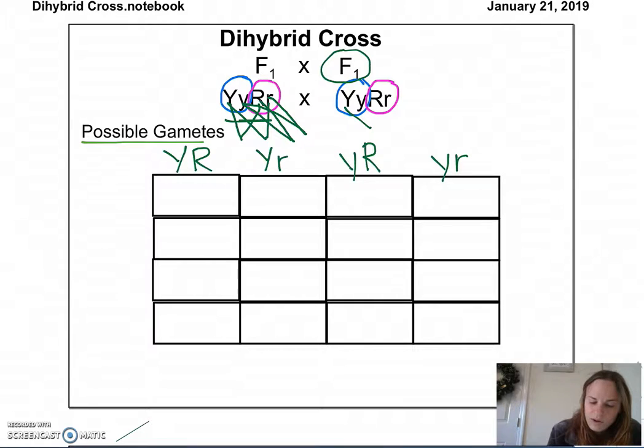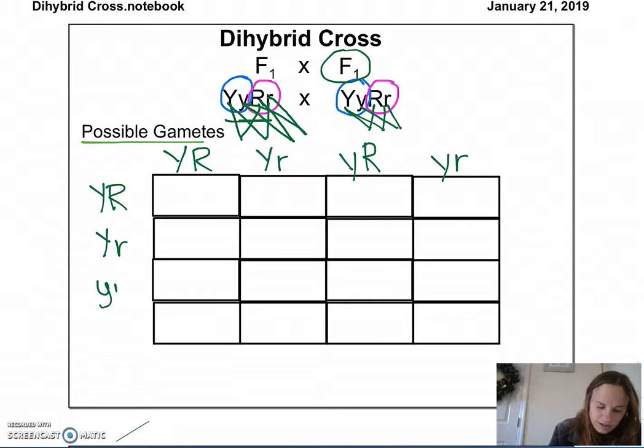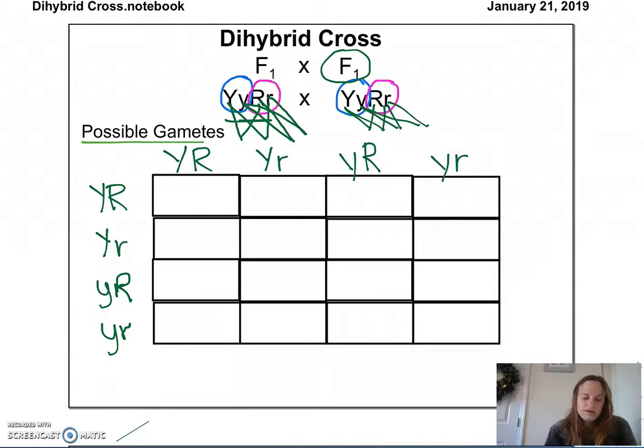Again, what are our possible gametes from our second organism? You get capital Y capital R, capital Y lowercase r, lowercase y capital R, or lowercase y lowercase r. This kind of reminds me of foiling in math. So now in order to fill out the boxes, all I have to do is combine our letters.